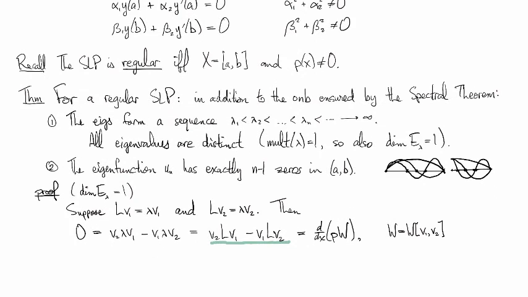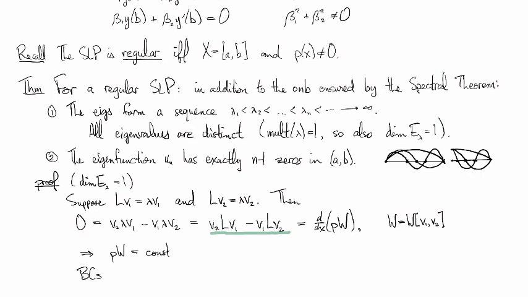So now this tells us that since the derivative of PW is 0, we know that PW has to be a constant. And so what is that constant? Well, if we look back at the boundary conditions, we see that the Wronskian at A is equal to 0, and also the Wronskian at B is equal to 0.